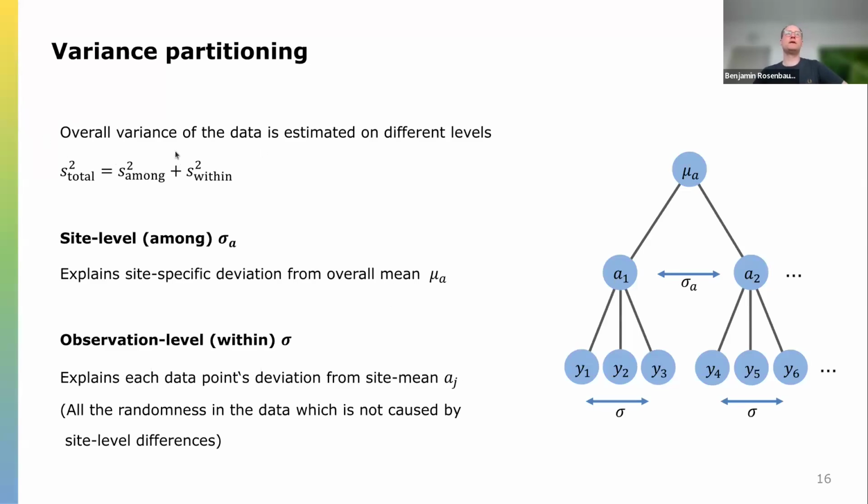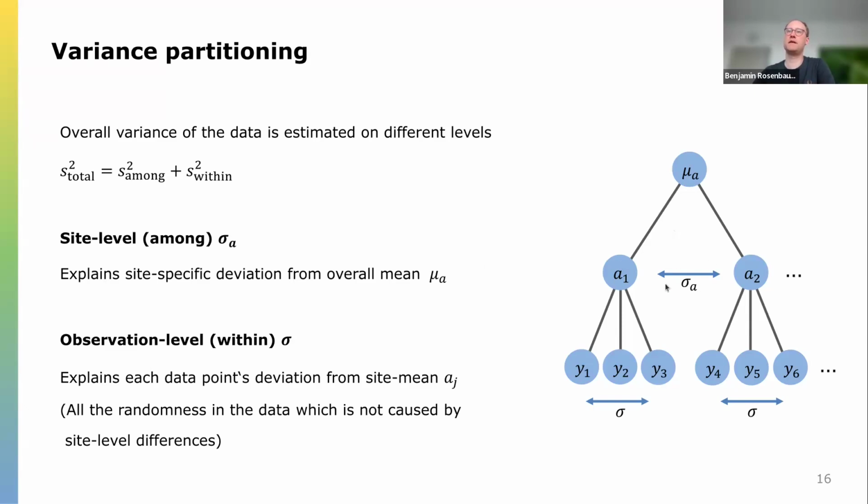So the overall variance of the data can be separated into the among level variance and the within level variance. Here on the side level, this is the among side level variance. So this is how much the side level predictions differ from the overall mean.